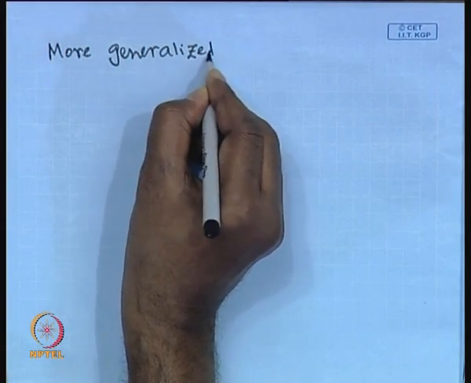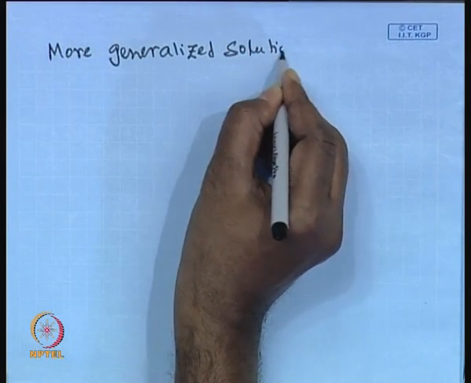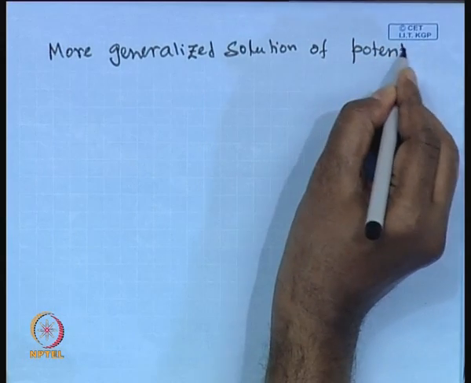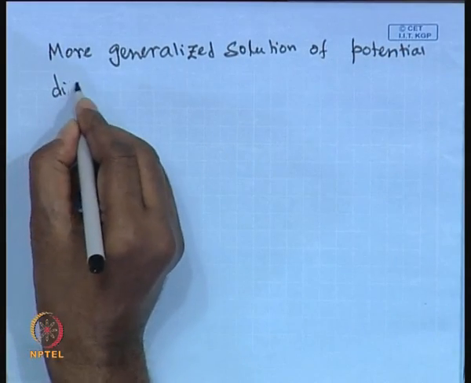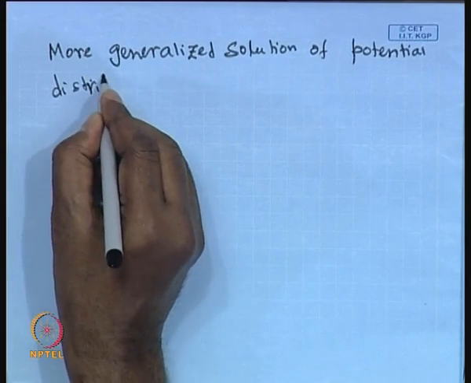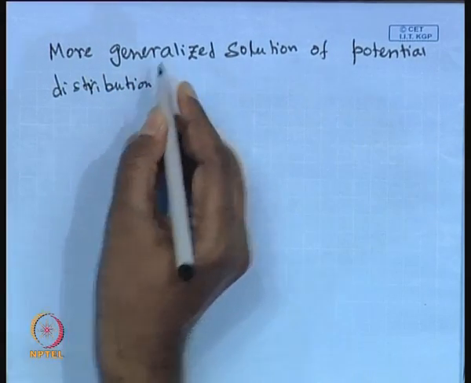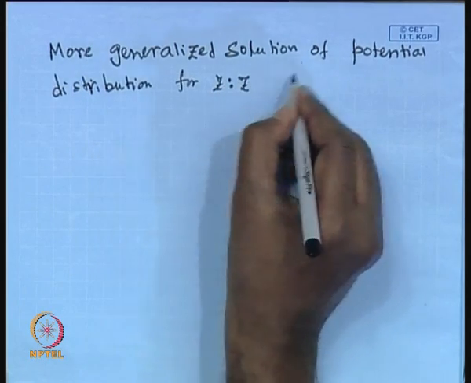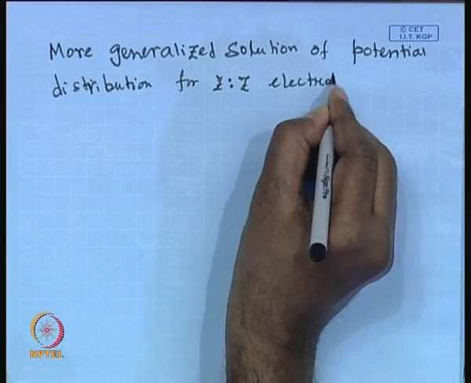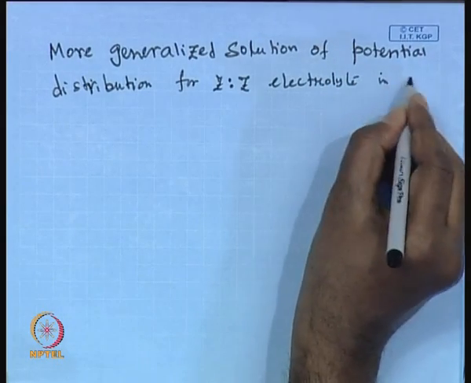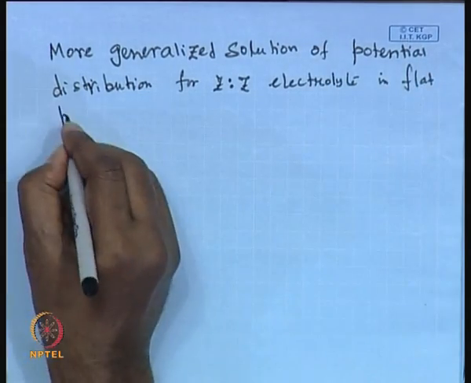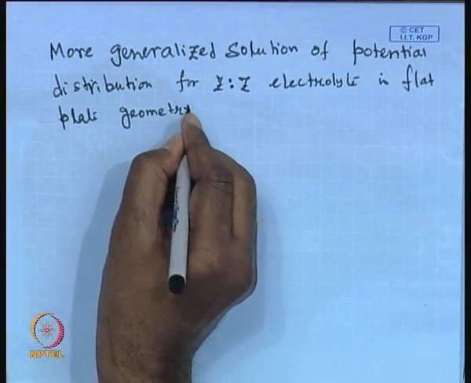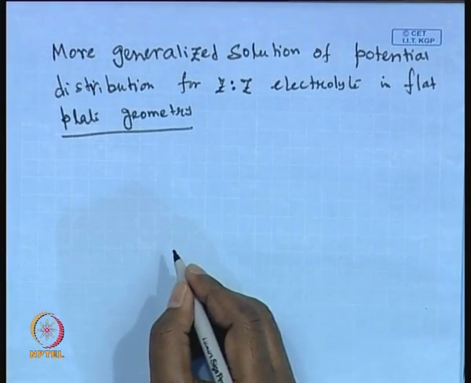More generalized solution of potential distribution for a Z is to Z electrolyte in flat plate geometry.